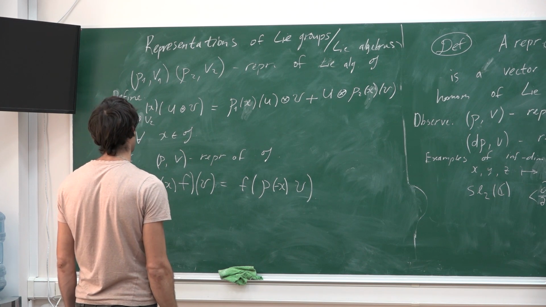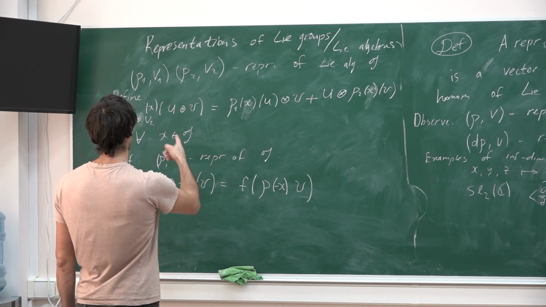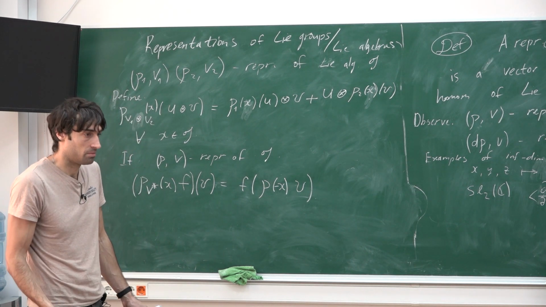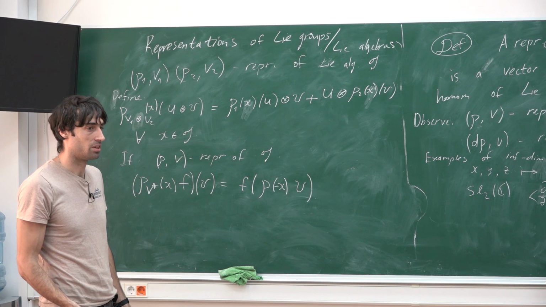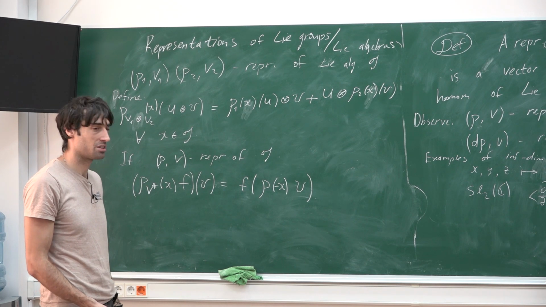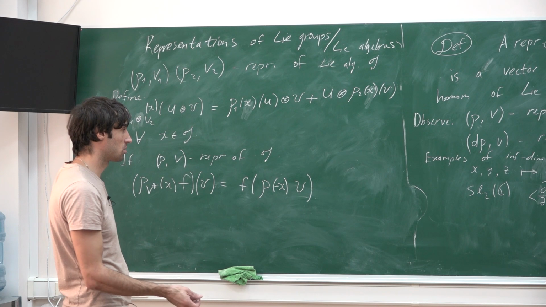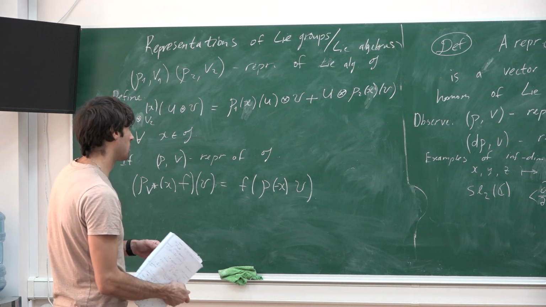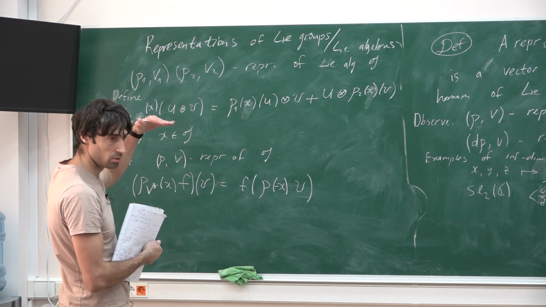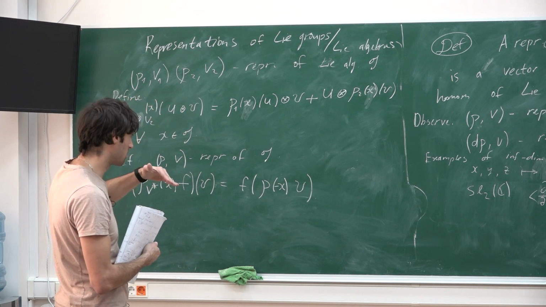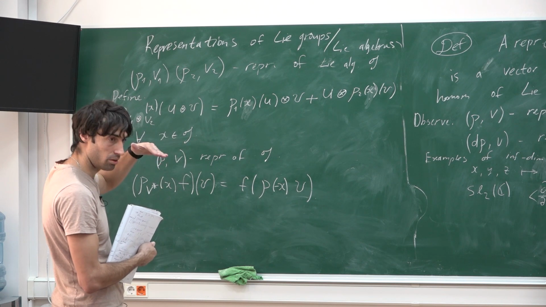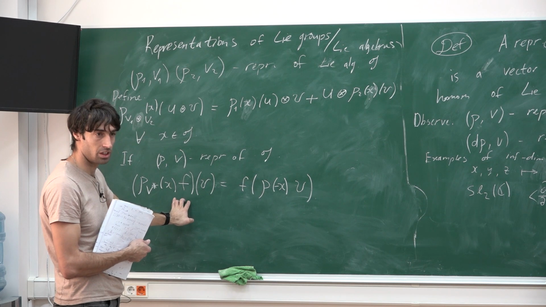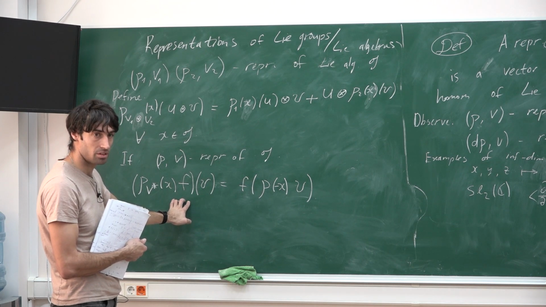The statement is that if we define it like this, then we have representations of Lie algebras. It's an exercise to check it, but you can also see that if I take a representation of a Lie group and take the derivative, the differential of the corresponding homomorphism, that's exactly the formulas that we get.